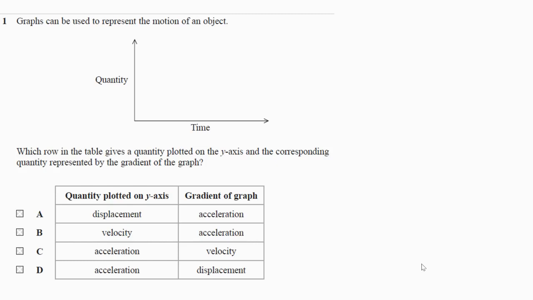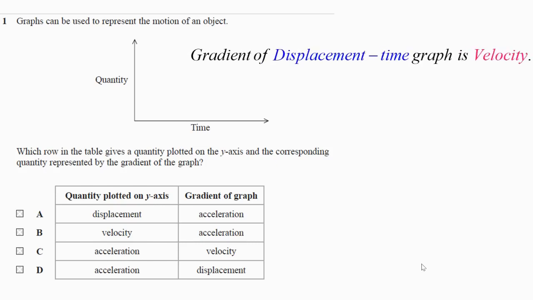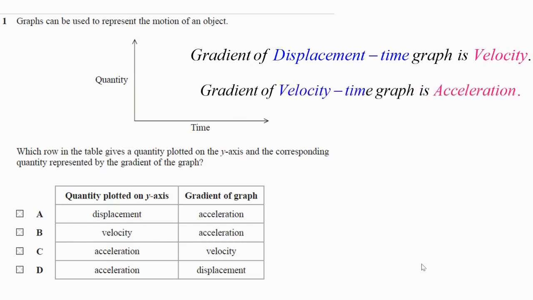gradient of graph. So here we have to consider different graphs. That means displacement time graph, velocity time graph, acceleration time graph, and what about their gradient? First of all, the gradient of displacement time graph gives the velocity, and the gradient of velocity time graph gives the acceleration.